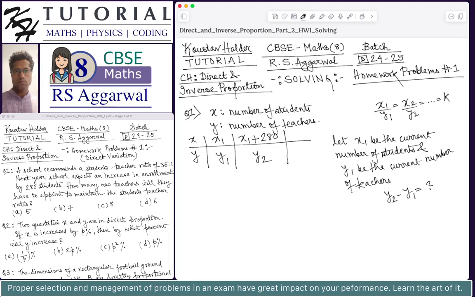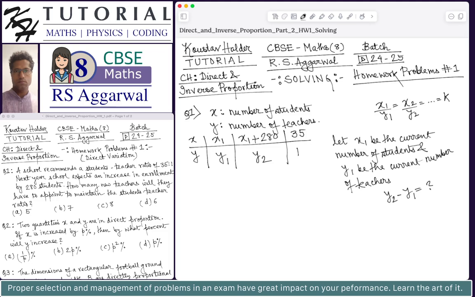Now, also note one thing, that it is also given that the school recommends a student-teacher ratio of 35 is to 1. That is, if the number of teachers is 1, then the number of students is 35. So I can also enter this value, that is, when the number of students is 35, the number of teachers is 1.